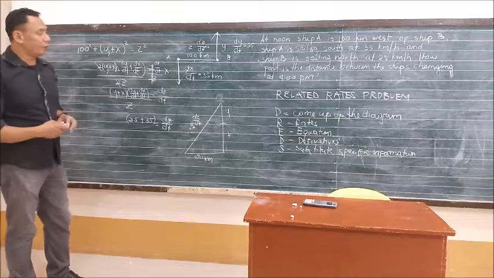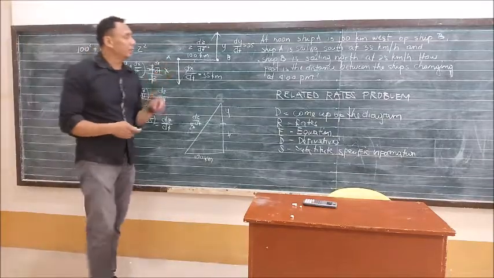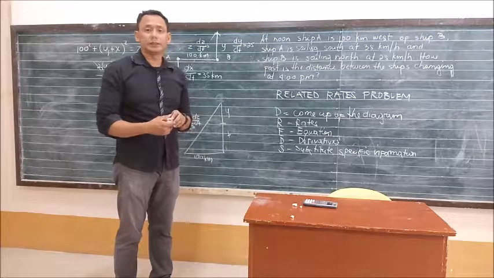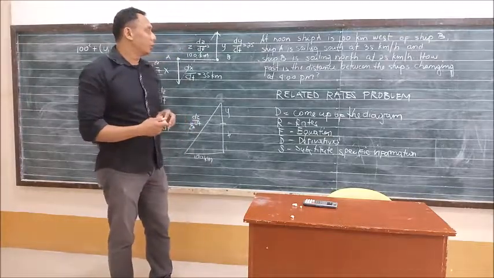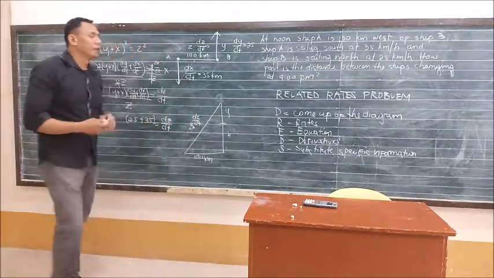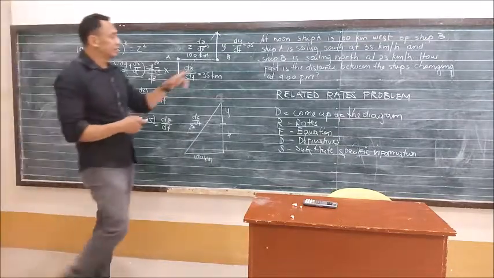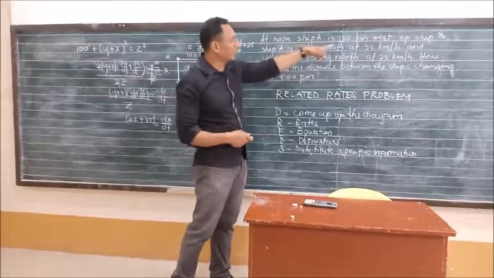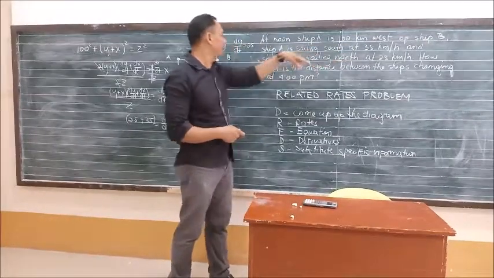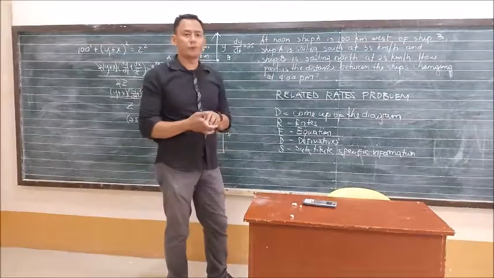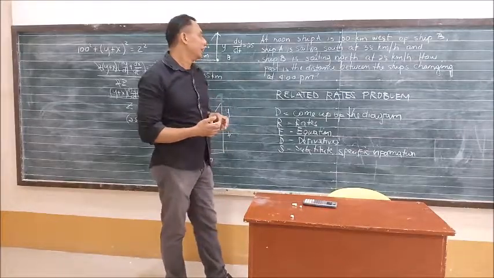But if we read the problem again, we understand the value of x is 140 and y is 100, because it says at noon ship A is 100 kilometers west of ship B. Then automatically at 4 p.m., that is a 4-hour time frame.